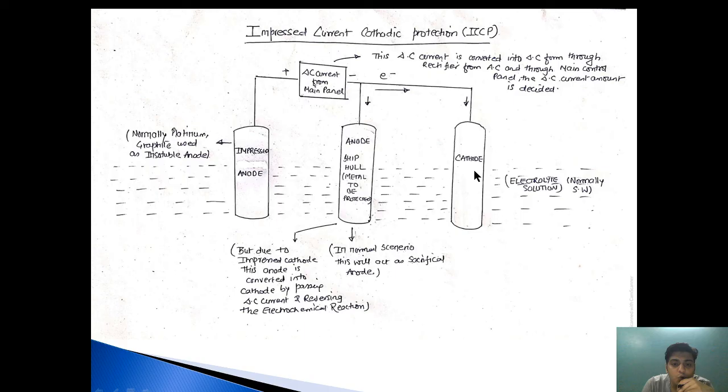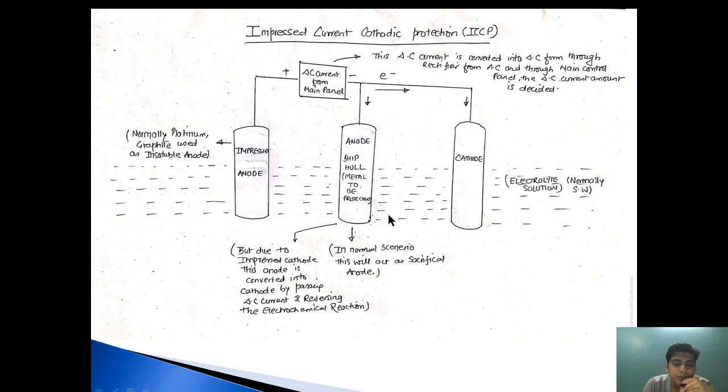To prevent the corrosion of the hull, we are using a system called the impressed current cathodic protection, ICCP system. In this system, we are using an anode which is insoluble in nature and which is providing a current slightly more than what is required, which will be generated when this reaction is taking place between anode and cathode.